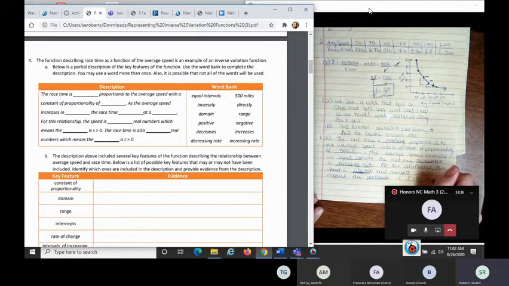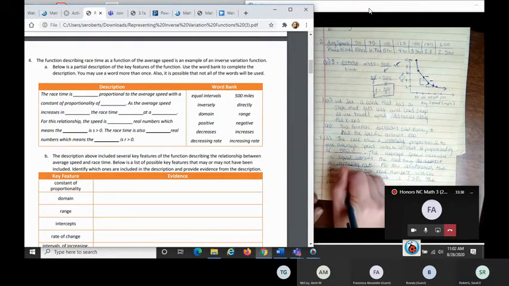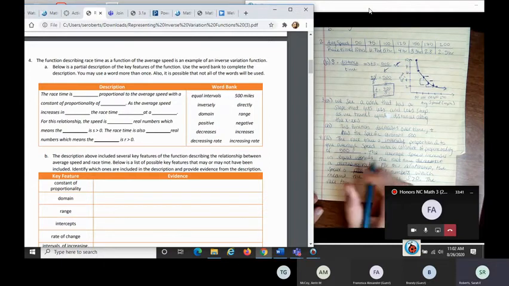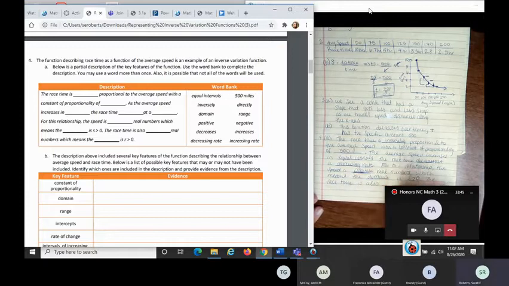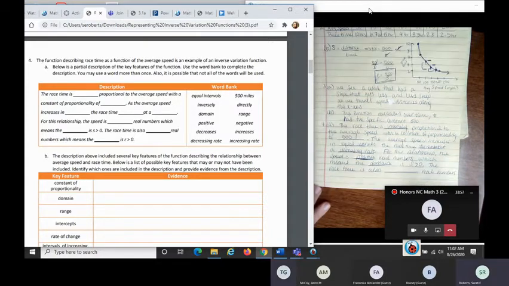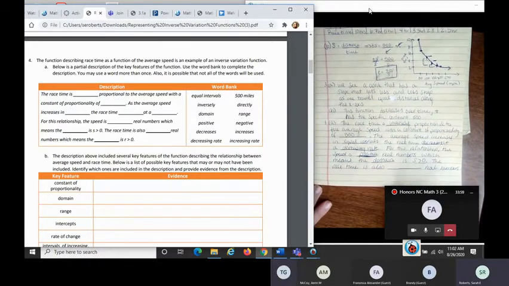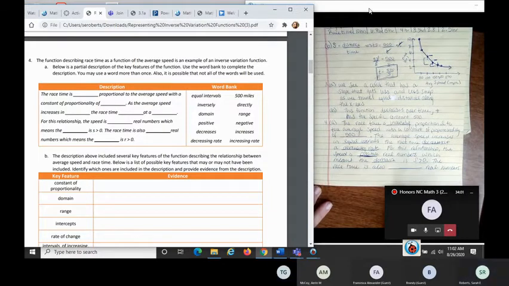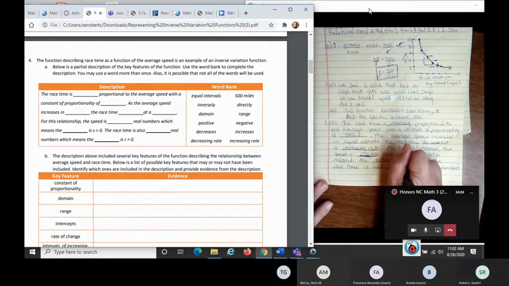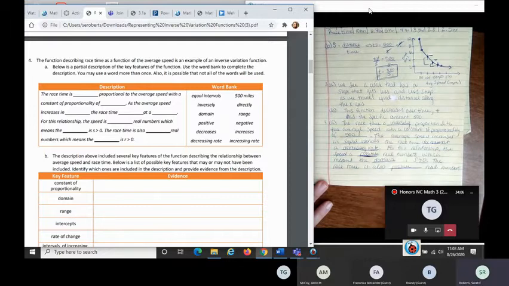Then it says the race time, which is our output, is also, what were our race times? What type of real numbers? Positive? Yeah, they were also positive real numbers.